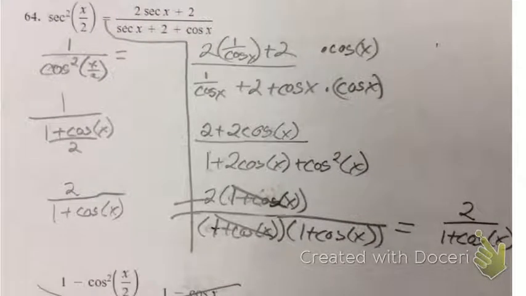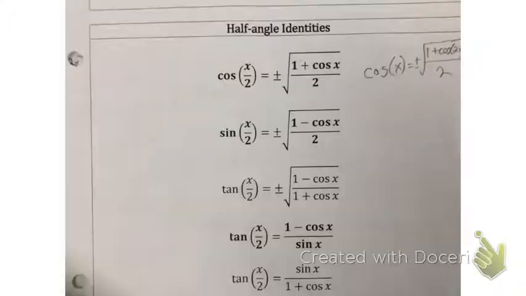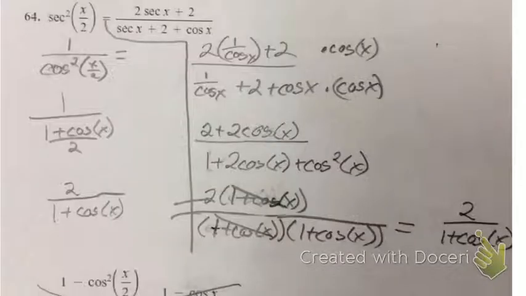And then, in fact, I'm going to take a picture of my identity sheet, because that'll make it a little easier to show. Okay, so I rewrote secant as 1 over cosine squared x over 2.